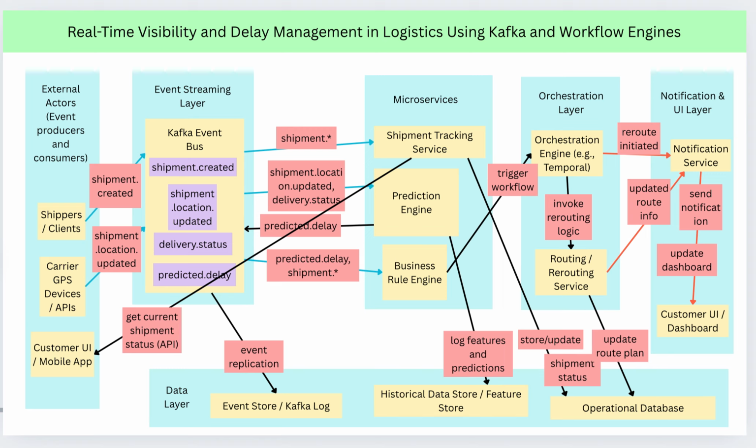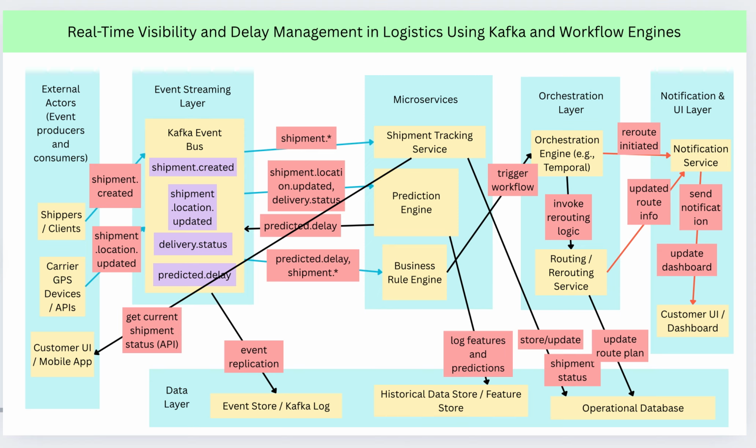Now let's talk about the data flow and triggers. We have these blue arrows which are event flow. We can see the blue arrows from shippers and GPS to Kafka, and from Kafka to tracking, prediction, and rule engine.